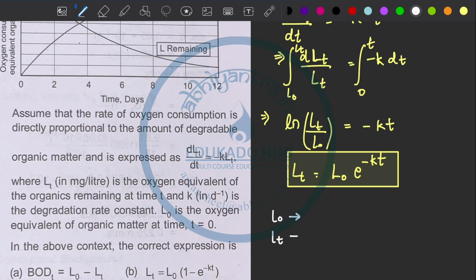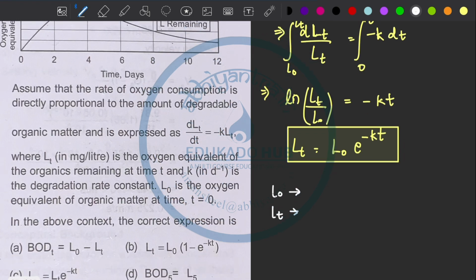Lt is after time t, how much of the biodegradable organic compounds are still remaining. So Lt is the still remaining amount. And what is the difference between this L0 and Lt? The difference between L0 and Lt is what gives us biochemical oxygen demand.